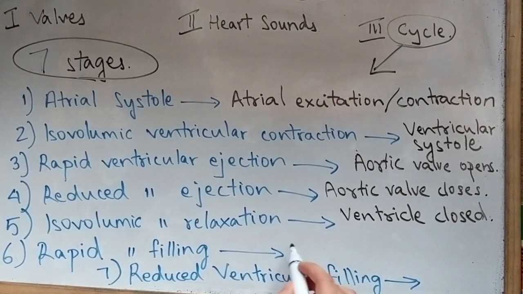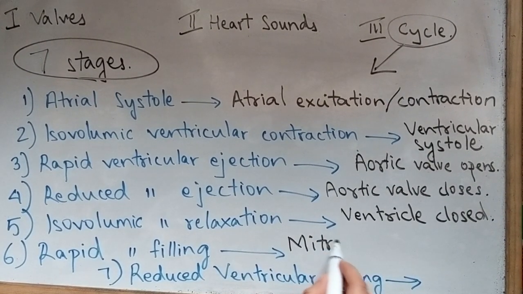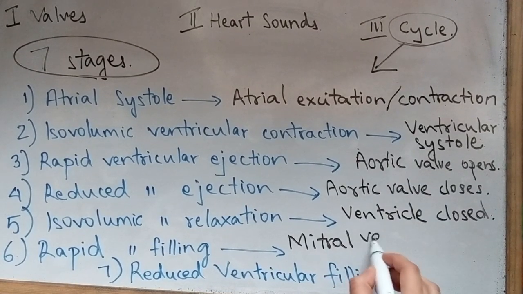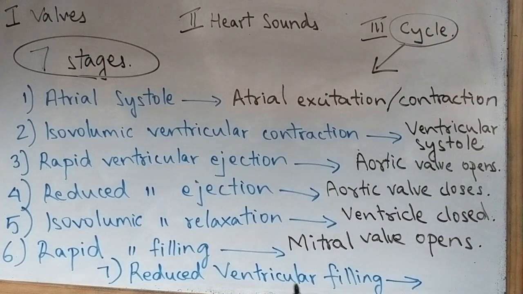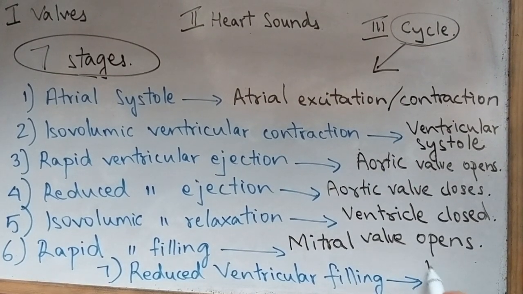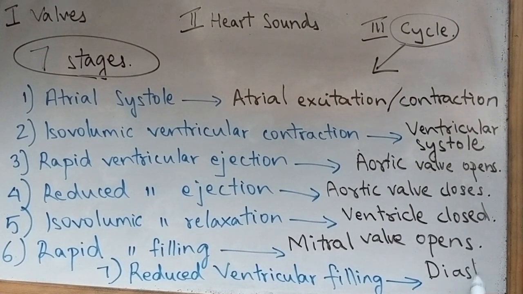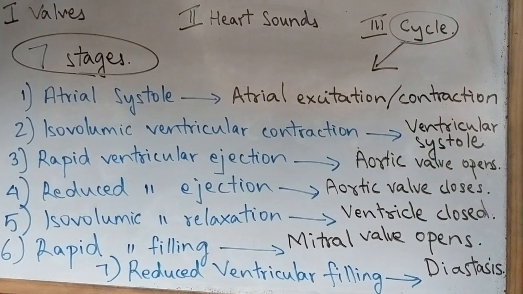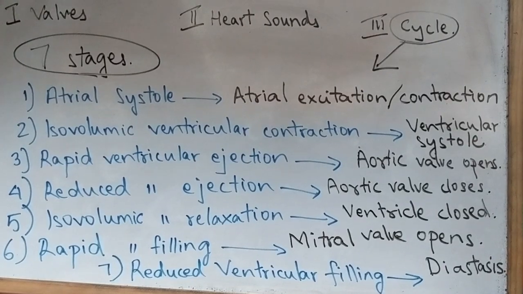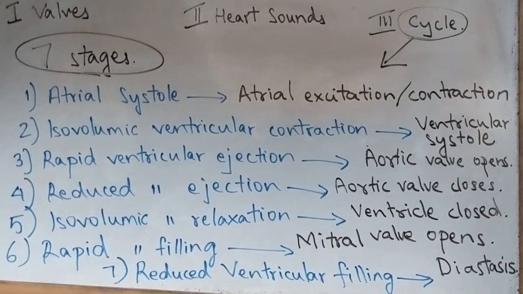The rapid filling is when the mitral valve opens, so there's rapid passive filling, signaling the beginning of diastole. And the reduced ventricular filling is also known as diastasis, where the cardiac cycle ends with the reduced filling basically, so the velocity decreases.